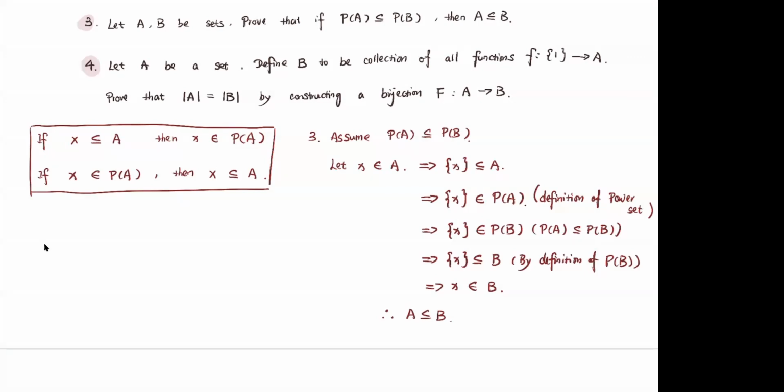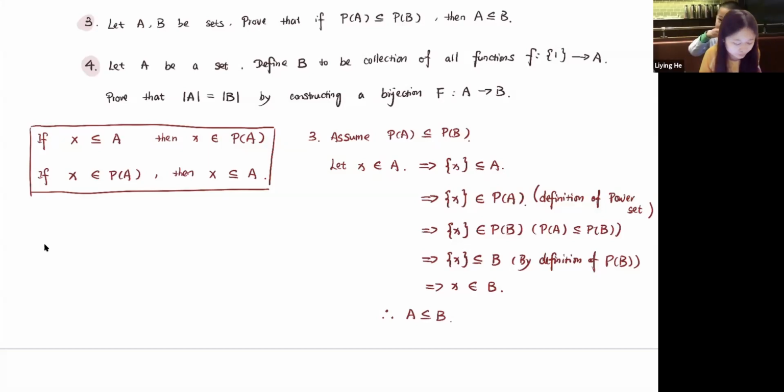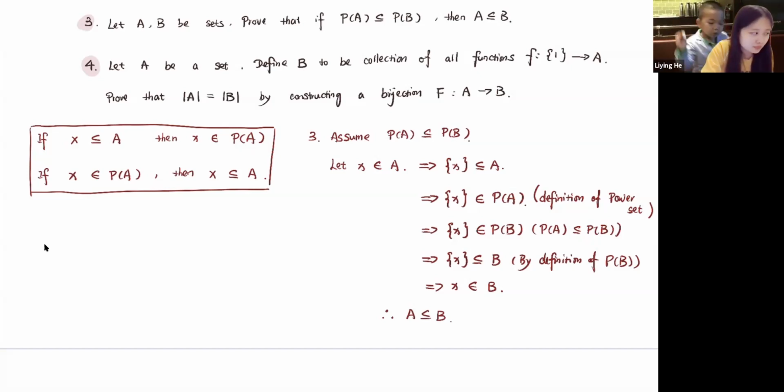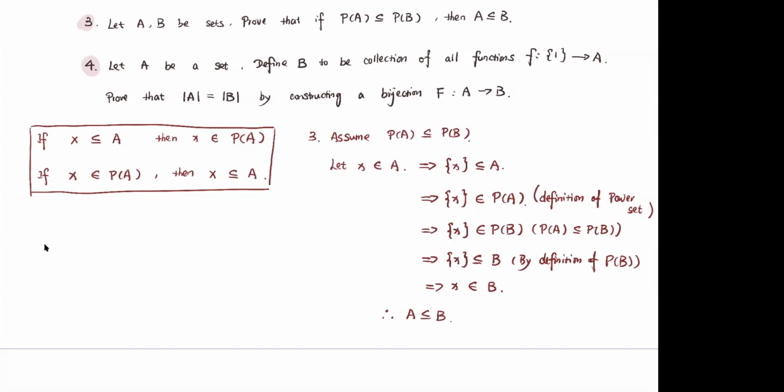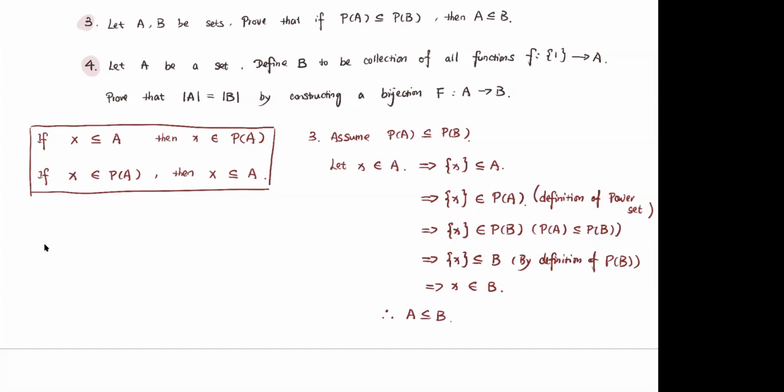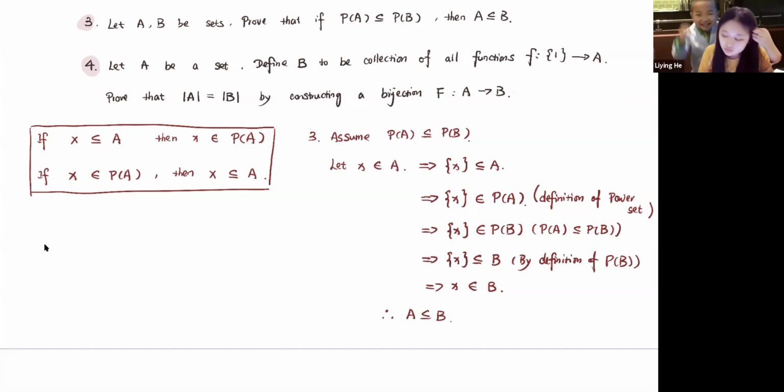So in general, for the sort of problems with the power sets, does Cantor's theorem apply? It can be. I've mentioned it before. Cantor's theorem is not that useful in proofs.